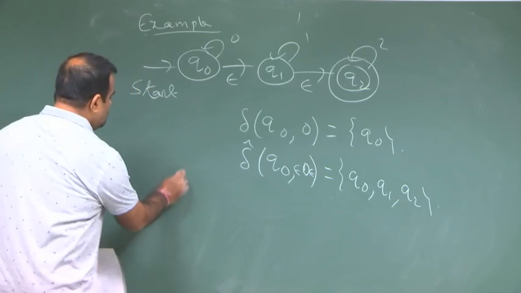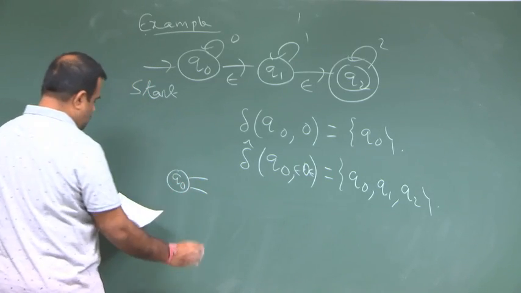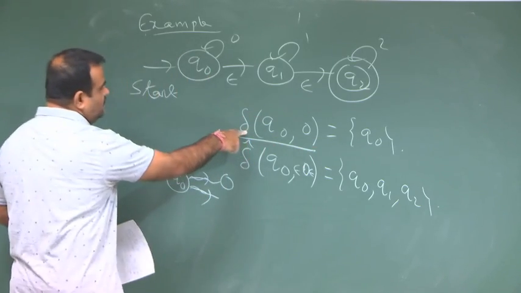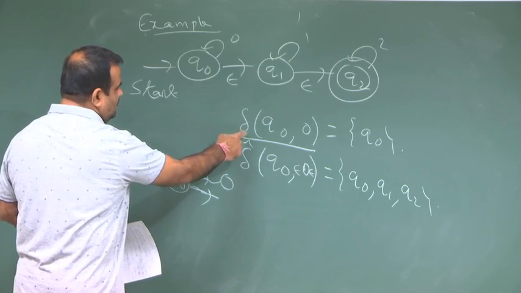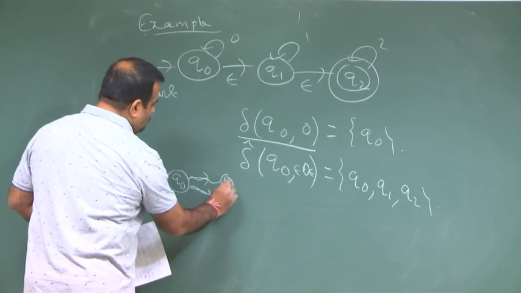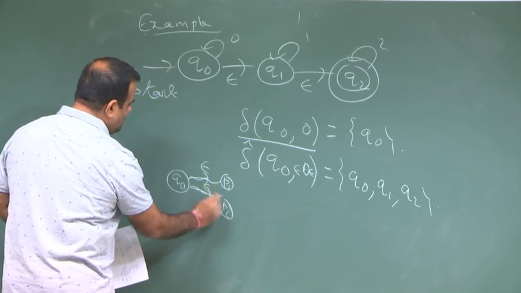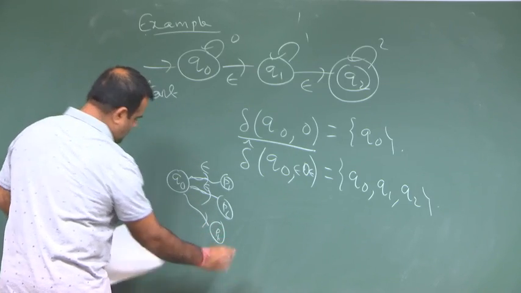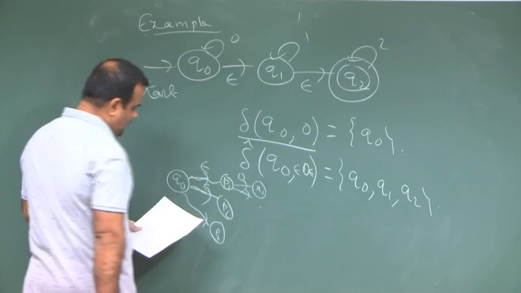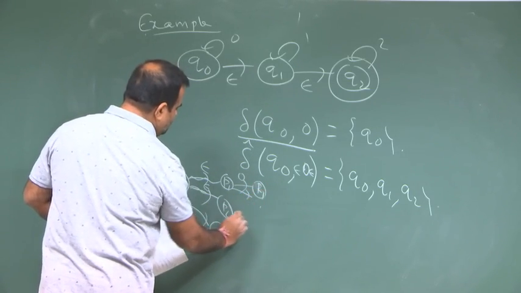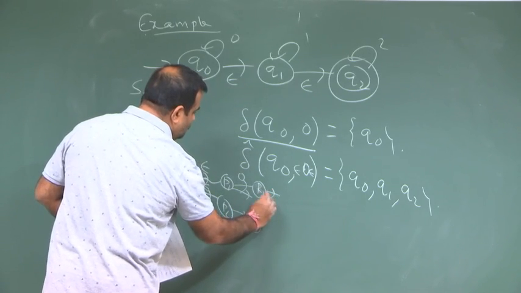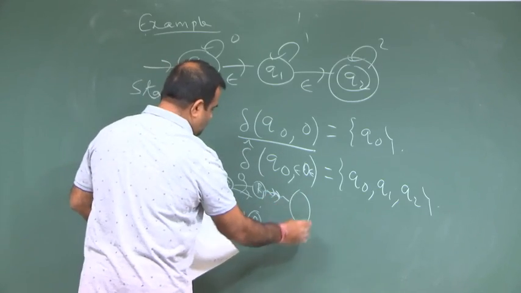So, from q0 we can go by epsilon move, because in this definition we are not allowing the epsilon move, this is the direct transition rule, but here we are allowing the epsilon move. That is the fundamental difference. So, we can go to P1, P2, up to Pk, just by epsilon move. Then after that we can see an alphabet symbol, these are all going to R1, R2 sets like this, and again after that we have an epsilon move, the epsilon closure of this.